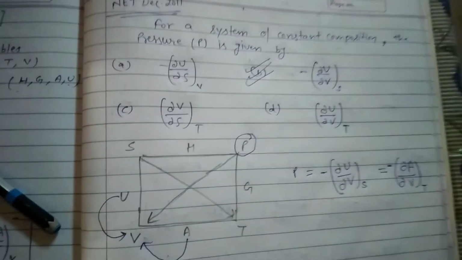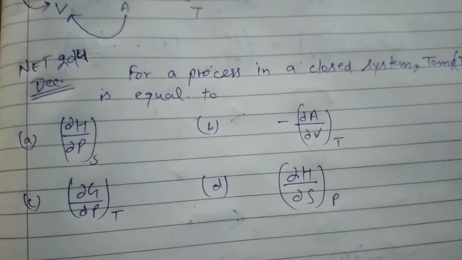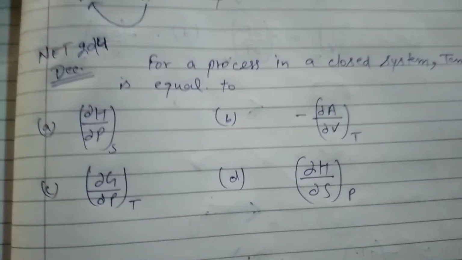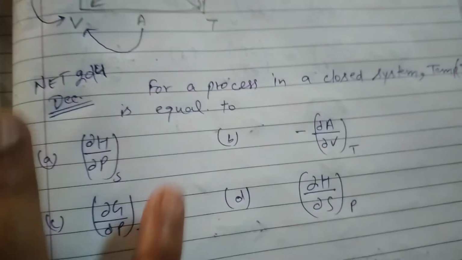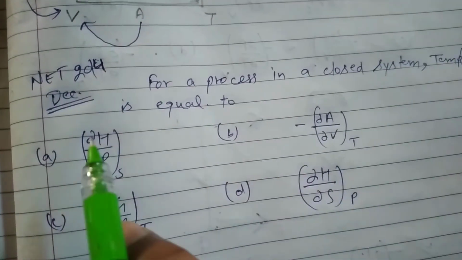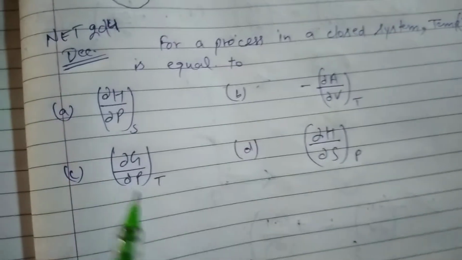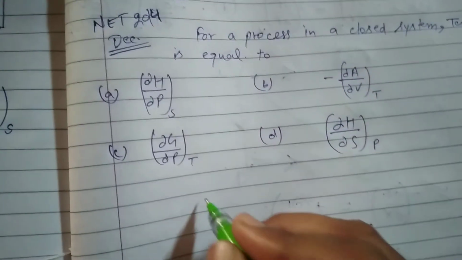This type of problem we have already shown, and a similar type of problem also came in December 2014. The question is: for a process in a closed system, temperature T is equal to. This is a similar question, and you can do it very easily.